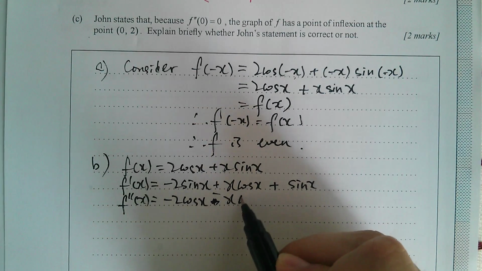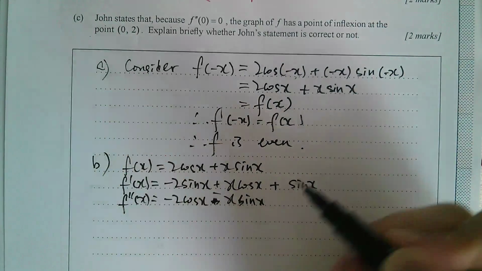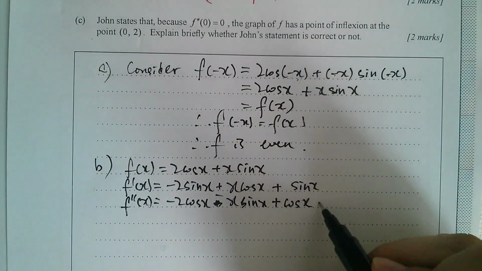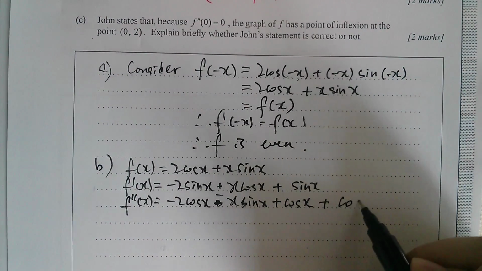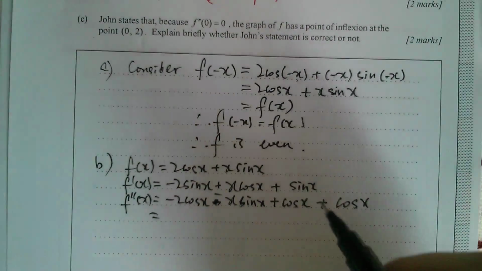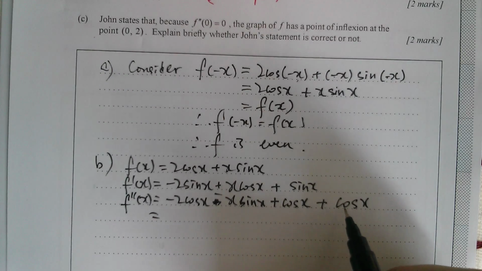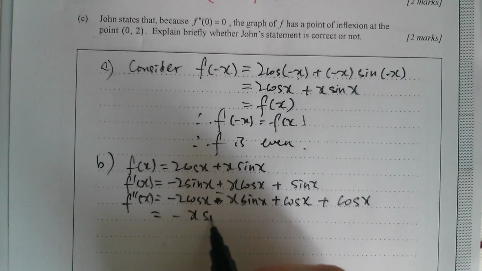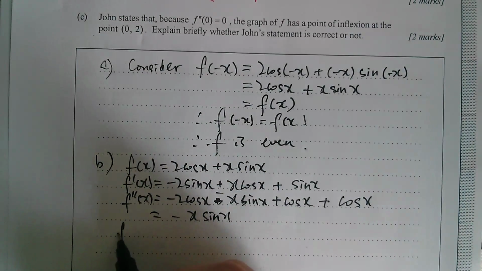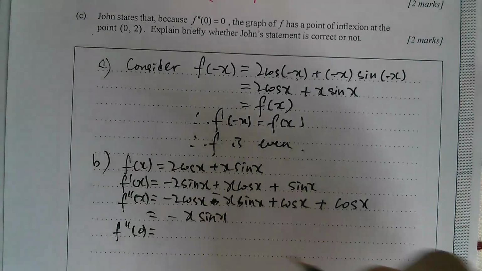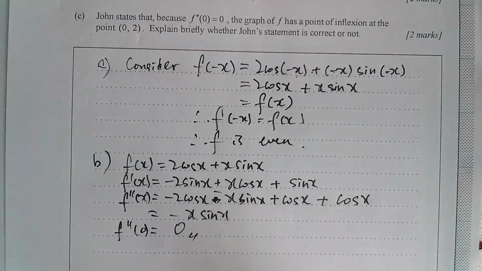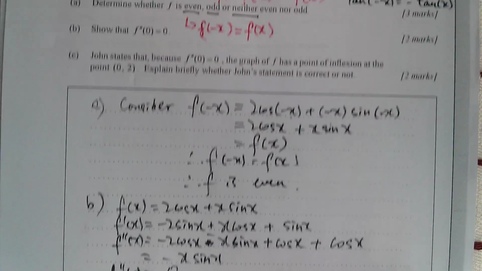So minus, differentiate cosine, negative sine, plus differentiate x is 1, so copy cosine, plus differentiate sine, cosine. Therefore, the cosine plus cosine is 2 cosine. 2 cosine minus 2 cosine is 0. So minus x sine x. You plug 0 in. Obviously this is 0. So shown.